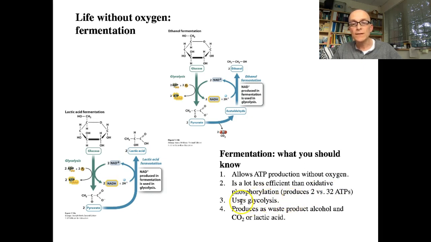It uses glycolysis, right? And it produces a waste product. That waste product could be alcohol or lactic acid. So essentially, fermentation means just using glycolysis and producing some sort of waste product. All right, so that is fermentation.